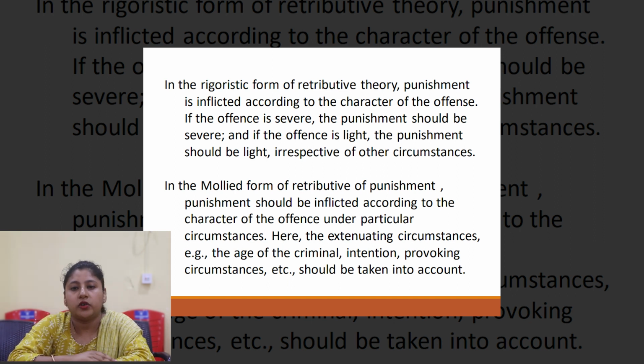It also keeps in mind the surroundings, the character or the environment in which the crime is committed. It also keeps in mind the character of the offense, and the age of the criminal when the crime is committed. All these are kept in mind while punishing the criminal.